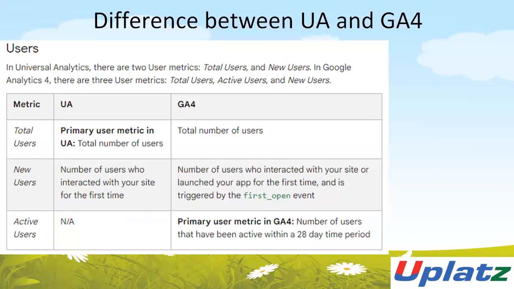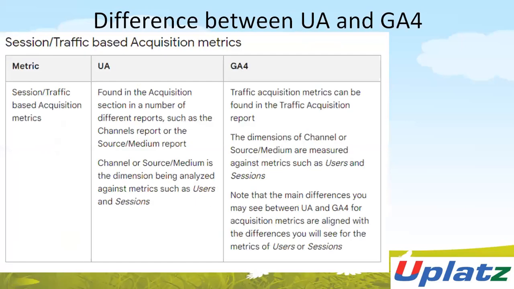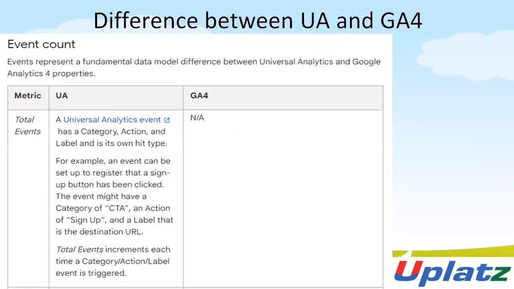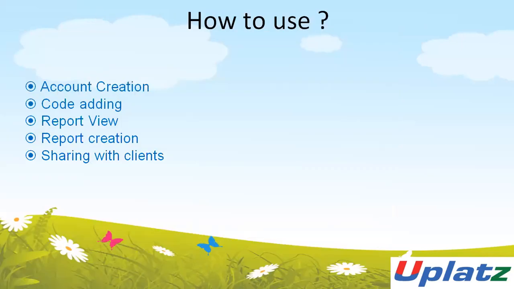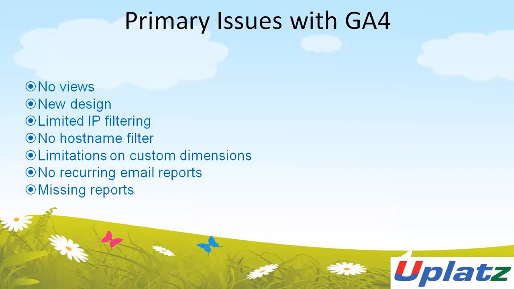In my previous session, I explained each and everything, but before summarizing all the things, one point came to my mind: there are certain things that are really missing in GA4.